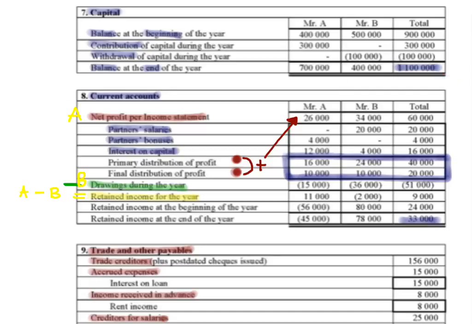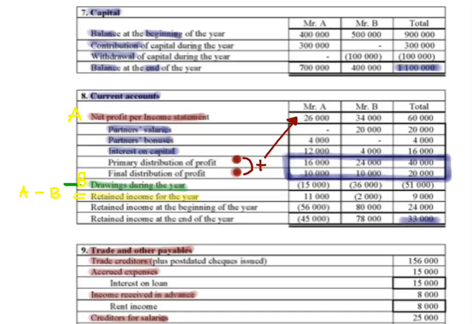Out of all of the notes, note number 8, the current account note, is the most popular one to be asked and also the most difficult one to fill in. The same steps that applied when you completed the accounts for the partners need to be followed here, especially the steps followed when doing the appropriation account.